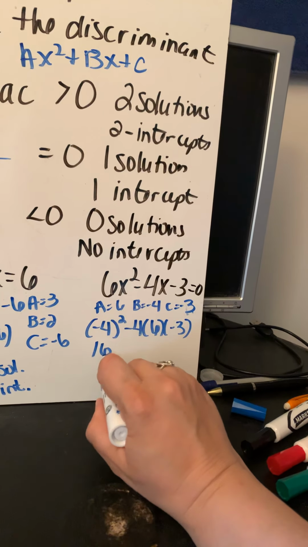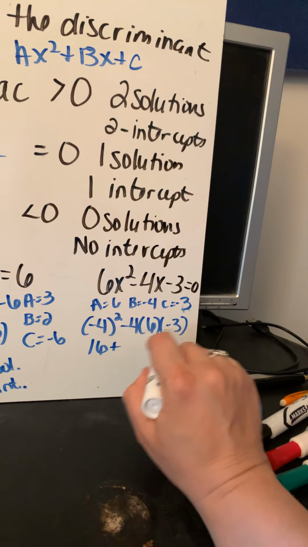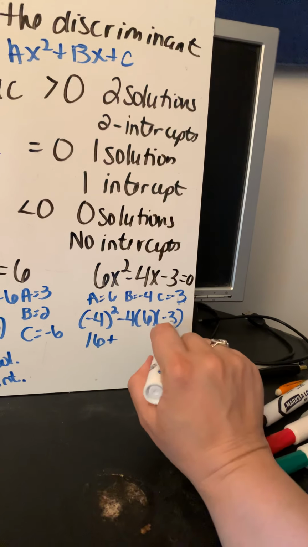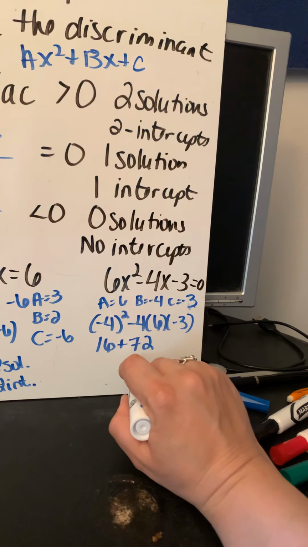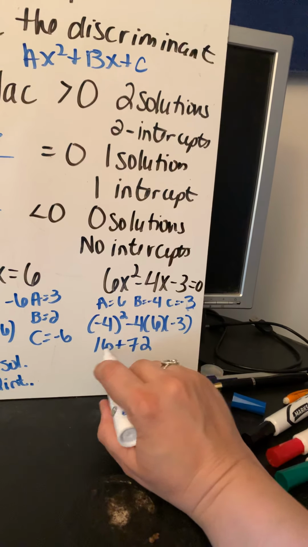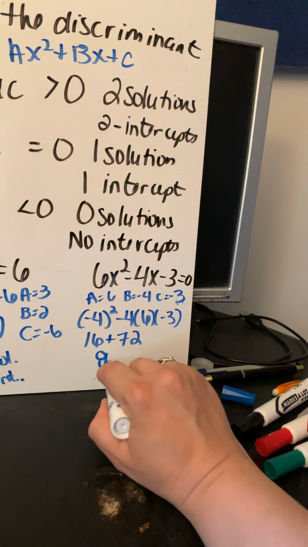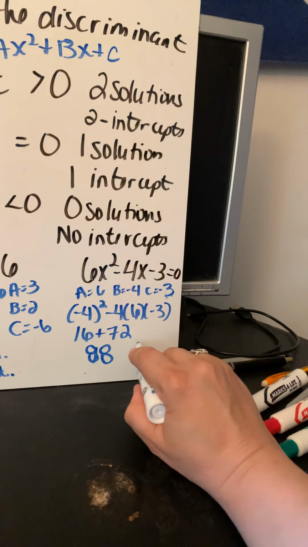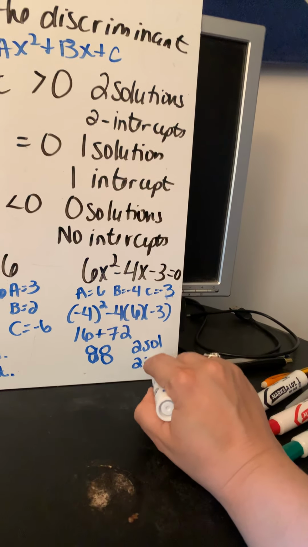This is going to be 16. That's going to be a positive because two negatives equal a positive. 12 times 6, again, 72. So then you get 16 and 72 is 88. Therefore, this one has two solutions, two intercepts.